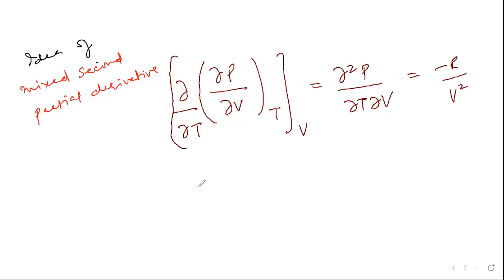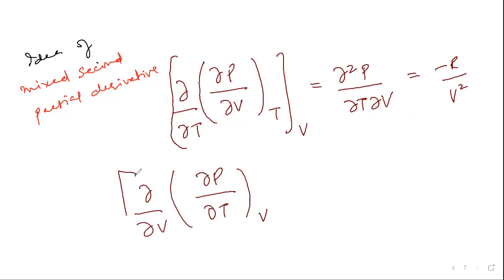Now, if I reverse the order, that means I do dou P by dou T at constant V, then I differentiate it with respect to volume, keeping temperature constant.